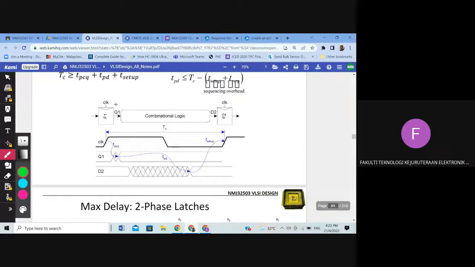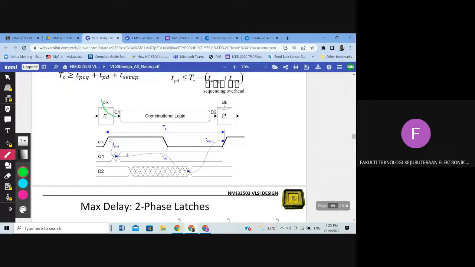Q1, the output from F1, will become a stable output after TPCQ. P stands for propagation, and C to Q is from your clock to Q1. So that time is from this clock to here. Remember propagation and contamination. Propagation delay is when the output has permanently changed, so you can see it's a permanent change.